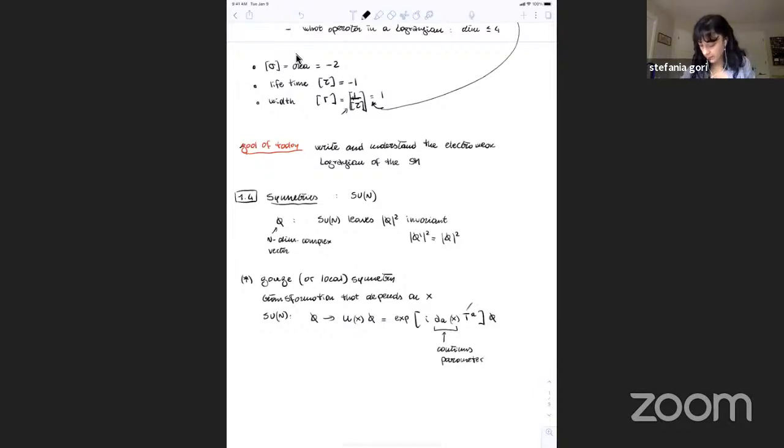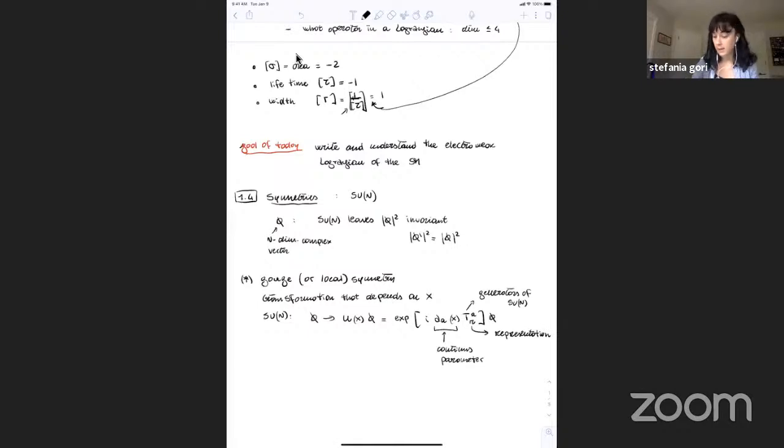And these T are what we call the generators of, in this case, SU(N). To be a little bit more precise, and this is a note more for experts, I should put here an R, in the sense that these generators will depend on the particular representation of the group that I'm taking.